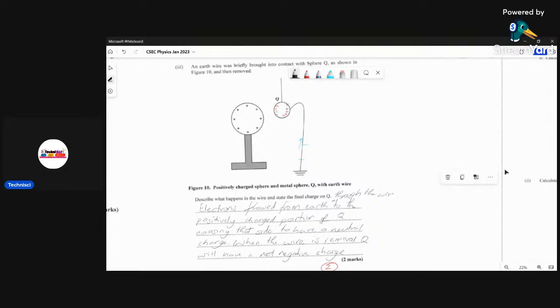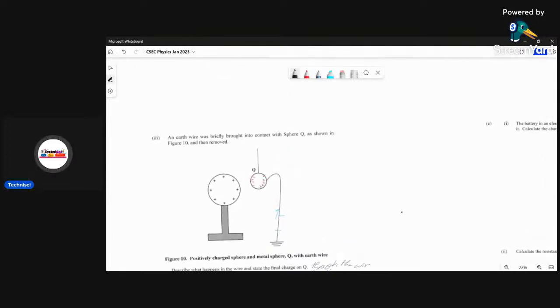What if we had a sphere that was negative? Let's not name this Q so we don't get confused. Let's name this P, and it is grounded. We know what's going to happen in charge separation when you bring it close.